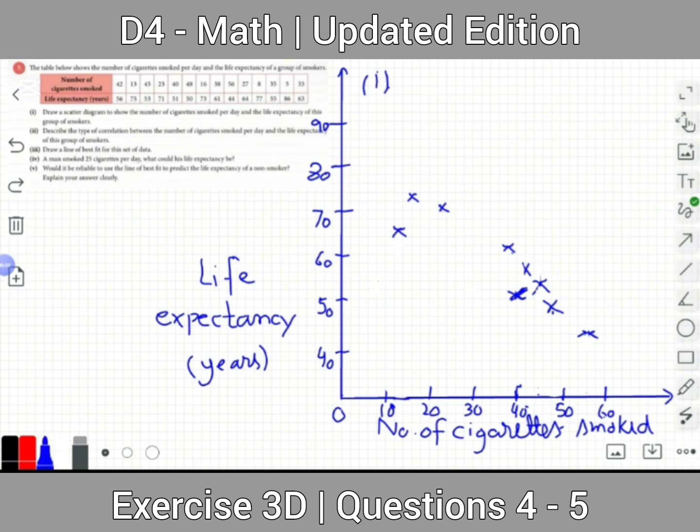Now for 27 and 64, here we have somewhere 27, and for 64 we have 62, 64 here.